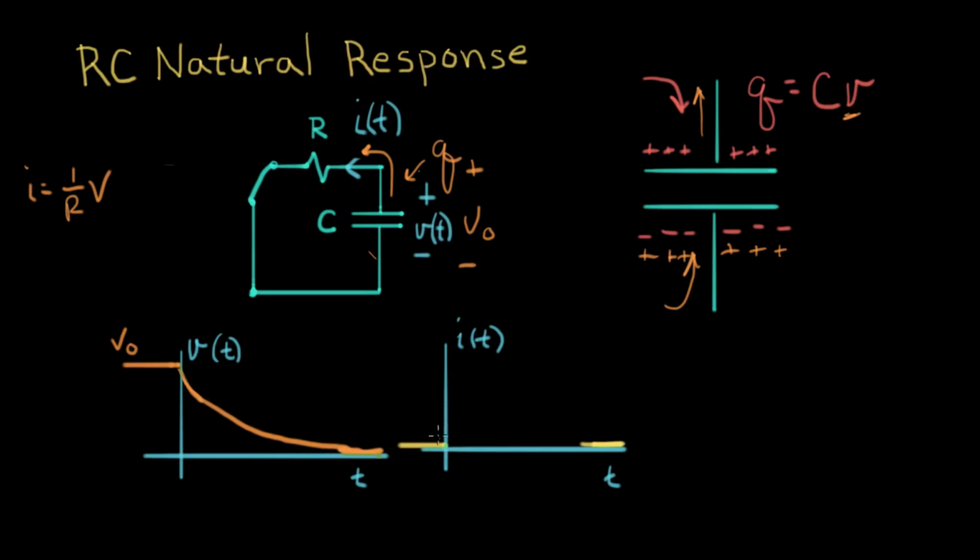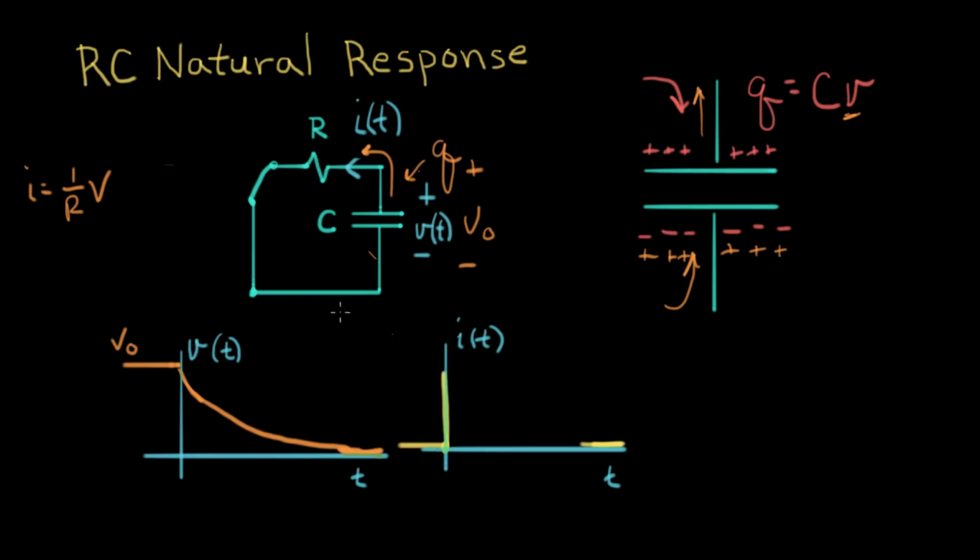So let's look at what the current's going to do. The current right now, when the switch was thrown, is at 0. As soon as that switch is thrown, as soon as we connect it right here, all of a sudden we have V naught on this side of the resistor and 0 on this side. So there's going to be a sharp current increase going through this resistor. We expect this to jump up to some value.